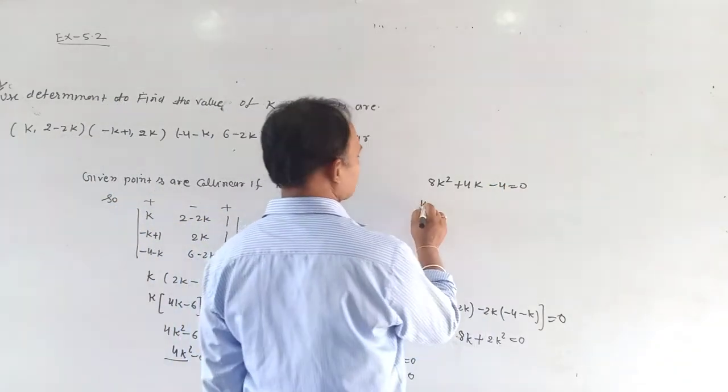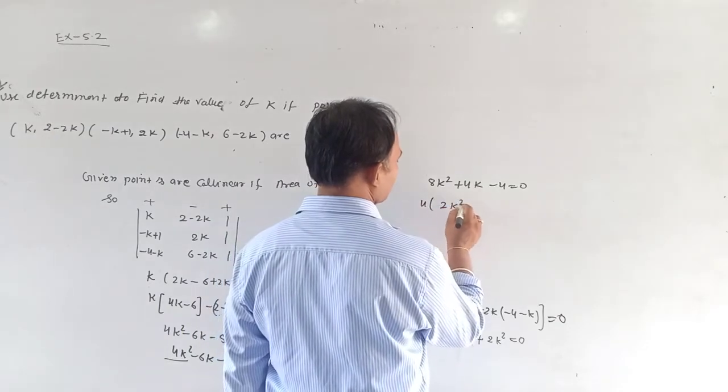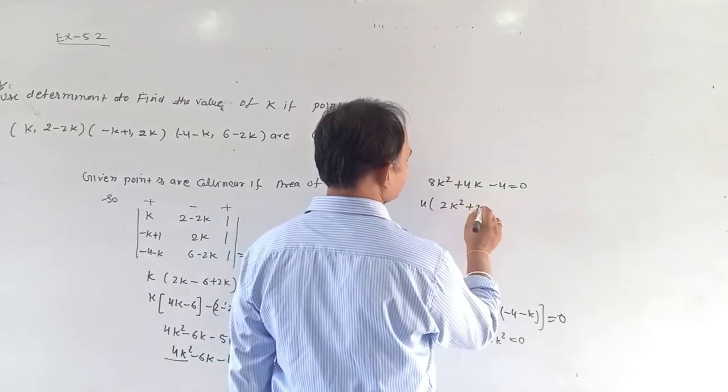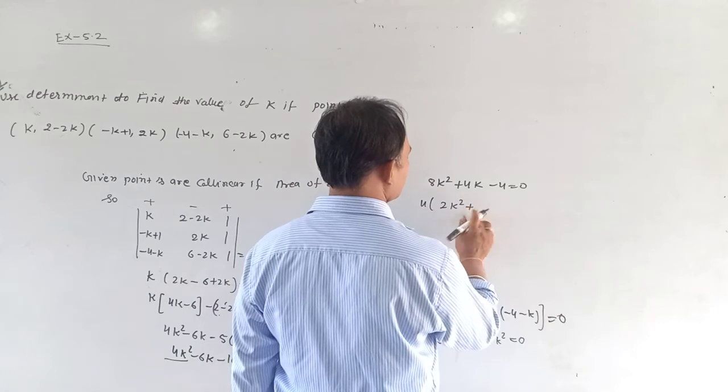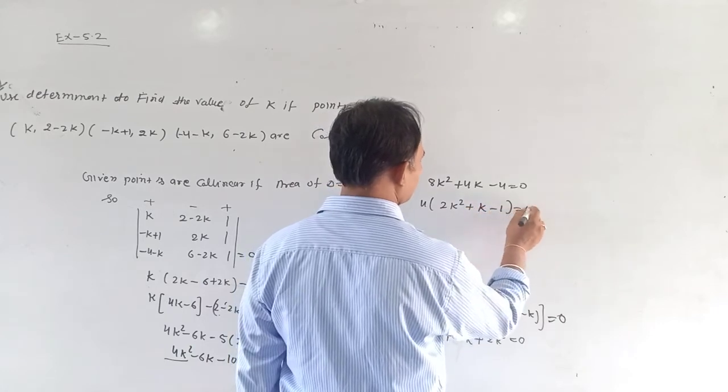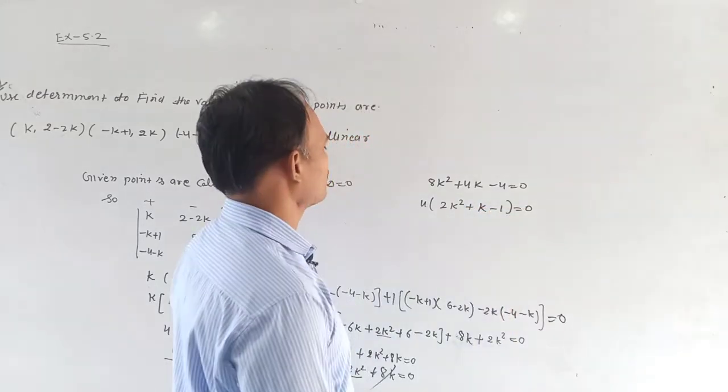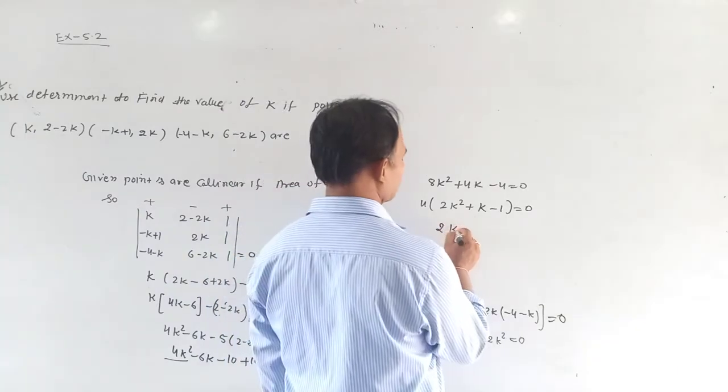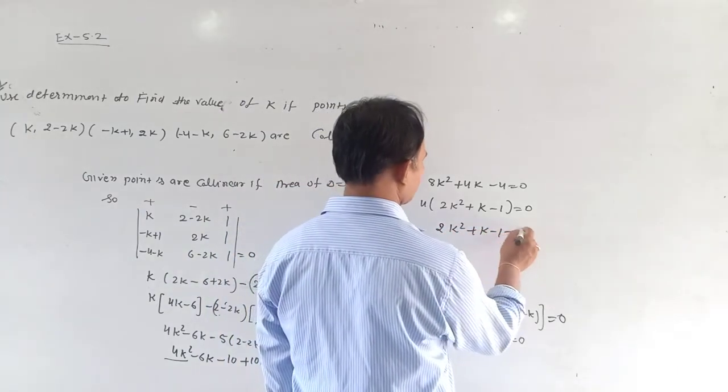So 4 is common, so it is 2k square plus k minus 1 equal 0.